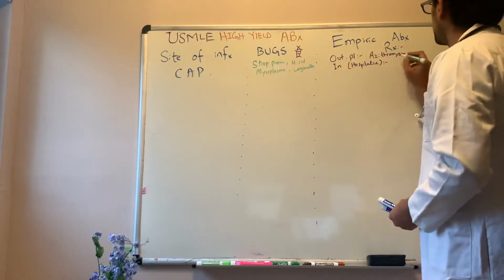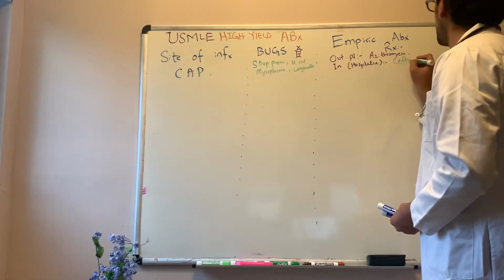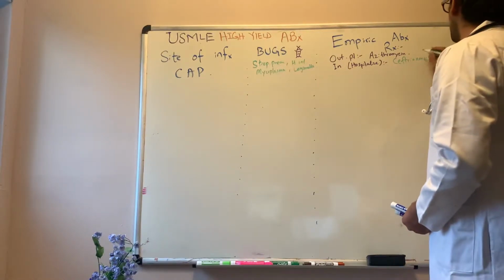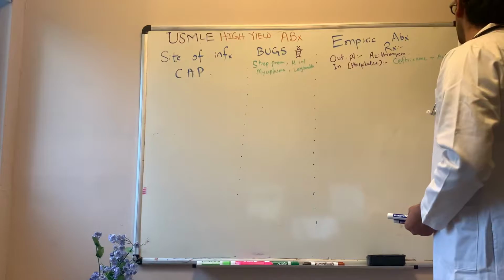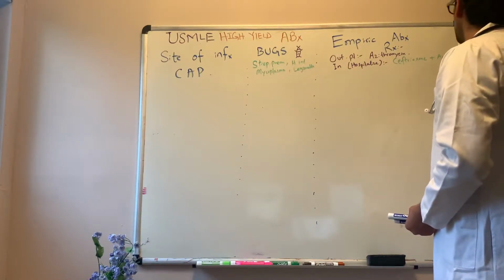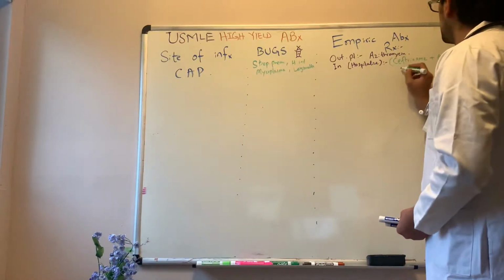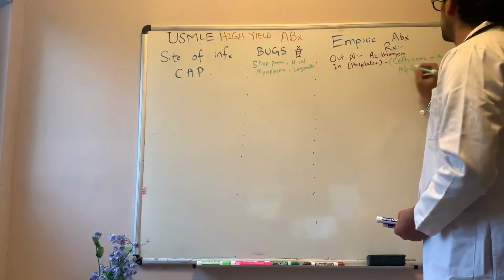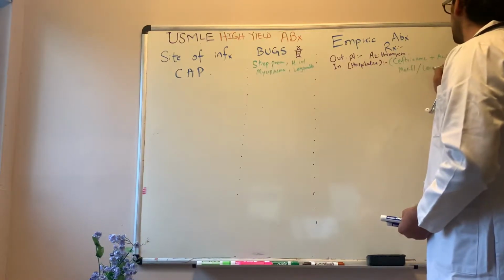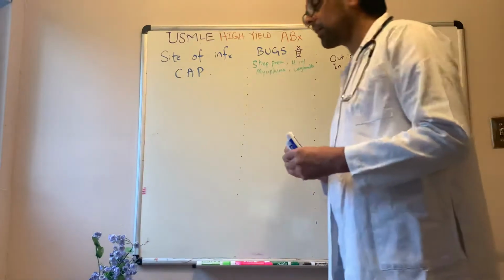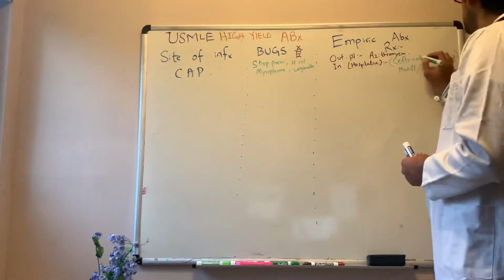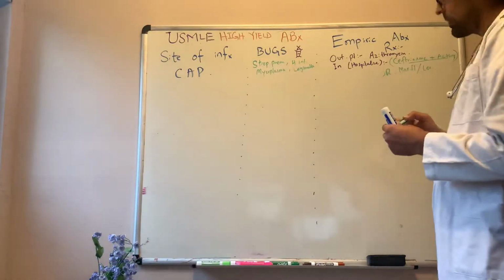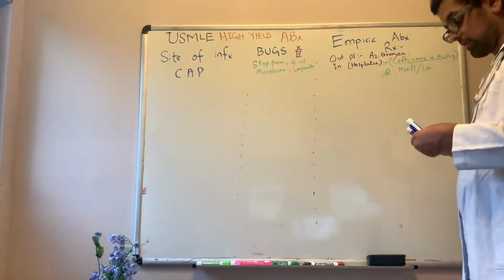We think about always ceftriaxone plus macrolide, azithromycin you could say. So azithromycin combination, you have a choice: moxifloxacin, fluoroquinolones, or levofloxacin. So this is what I cover. This combination or fluoroquinolones. Now we go for the next.